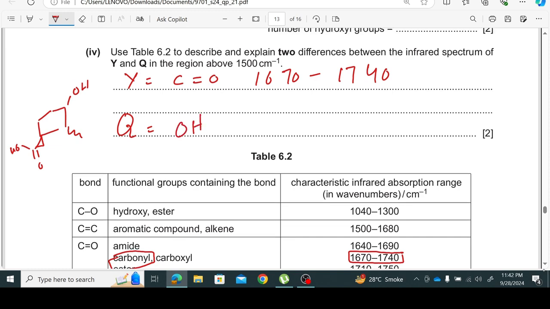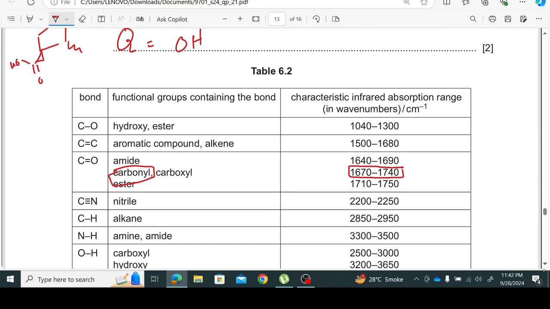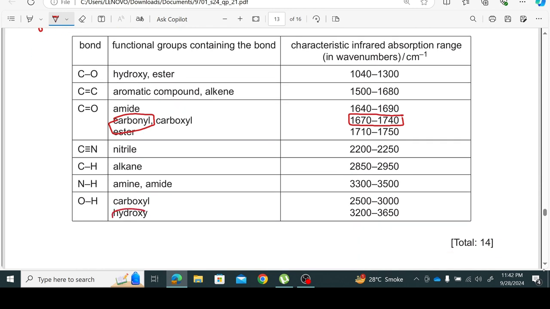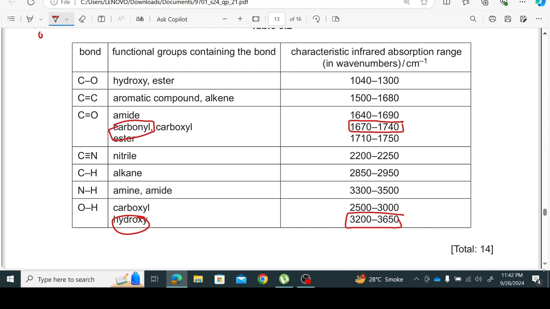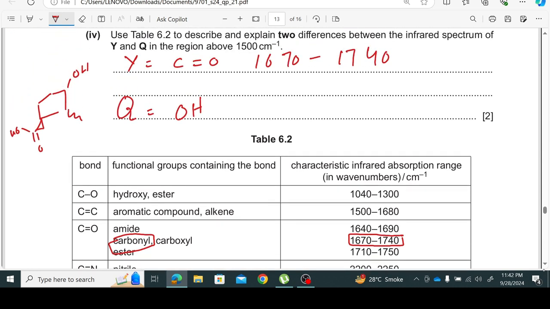And what is the value of this hydroxyl group? You can see it here: 3200 to 3650. It has peaks at 3200 to 3650. I think this is the only answer.